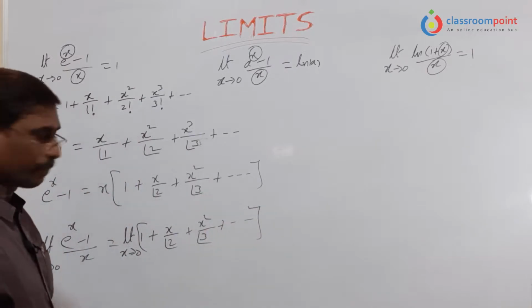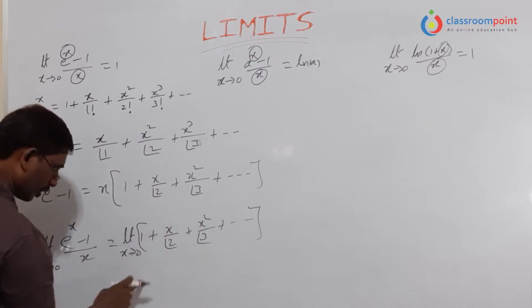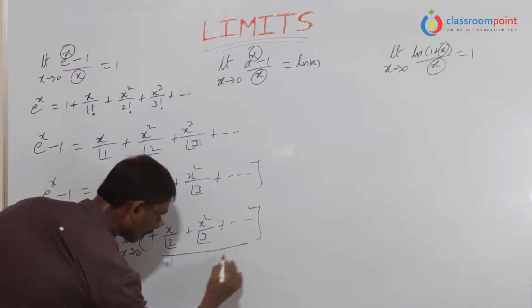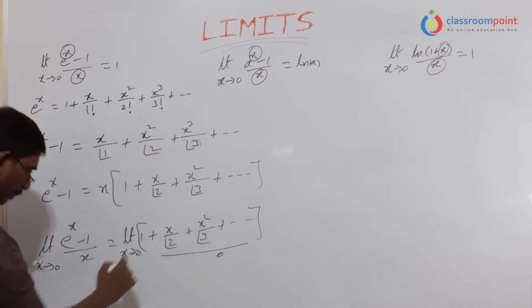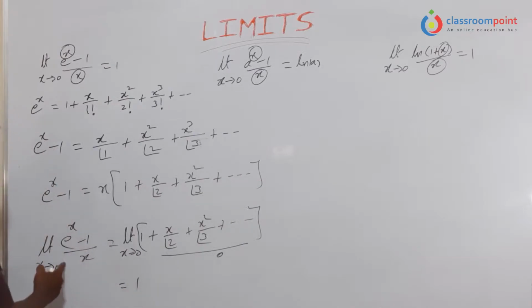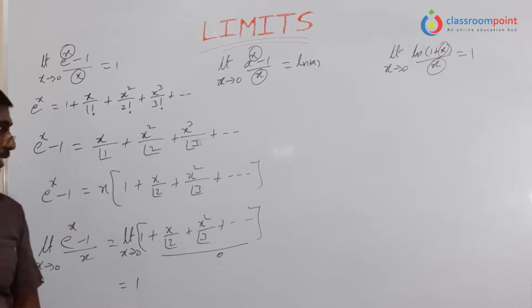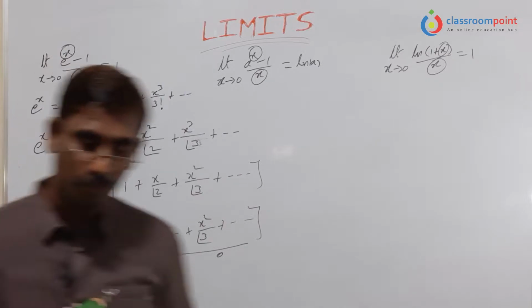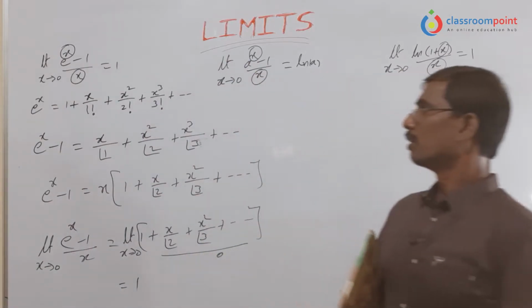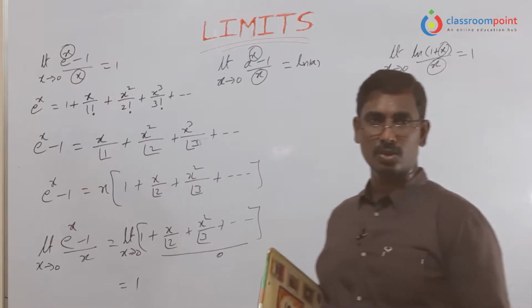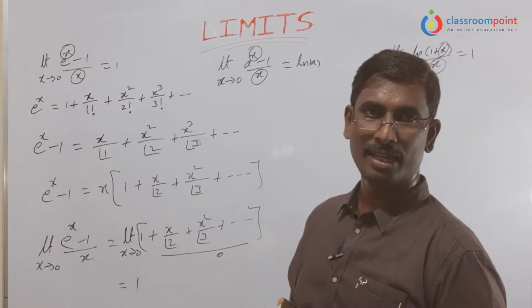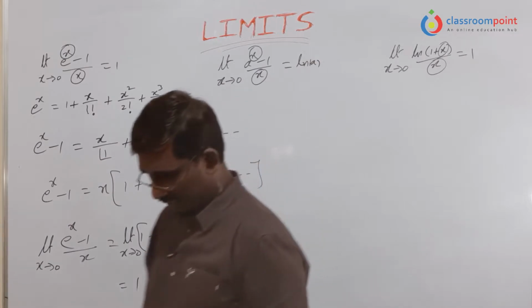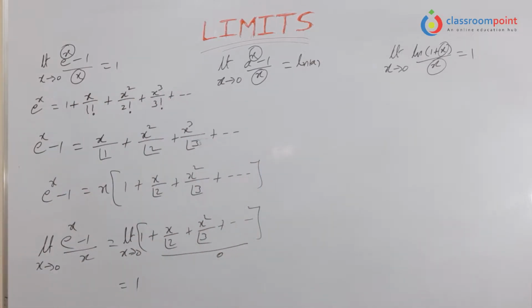Then apply 0 in the place of x. From here, this total is 0, then the remaining value is only 1. So this is equal to 1. This is one of the proofs for the formula limit x tends to 0, e power x minus 1 by x is equal to 1. Right?